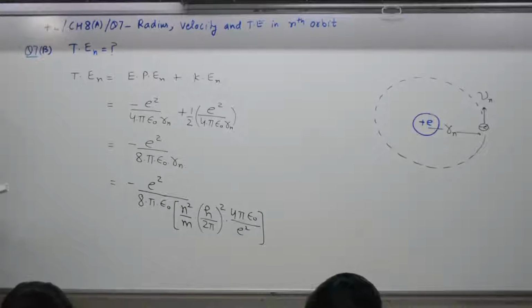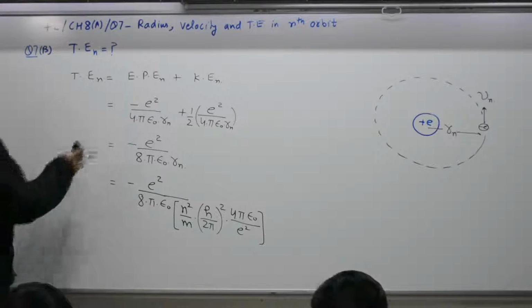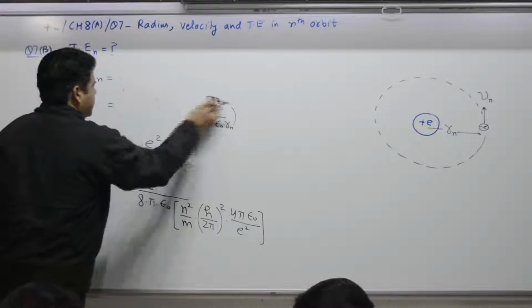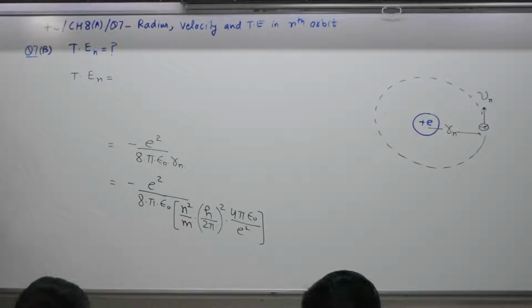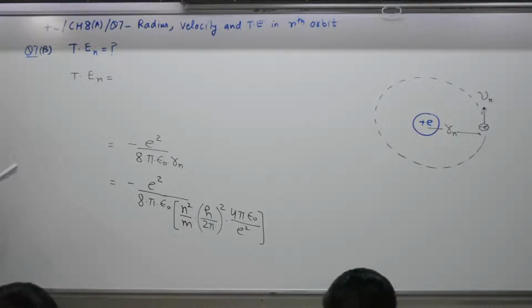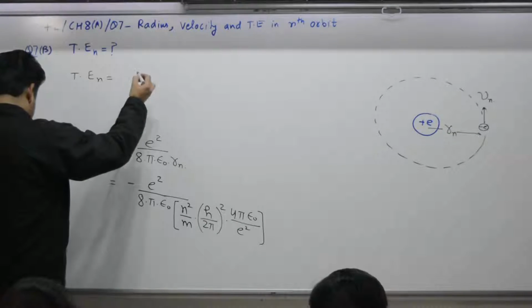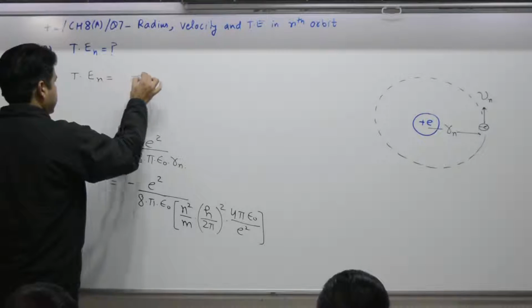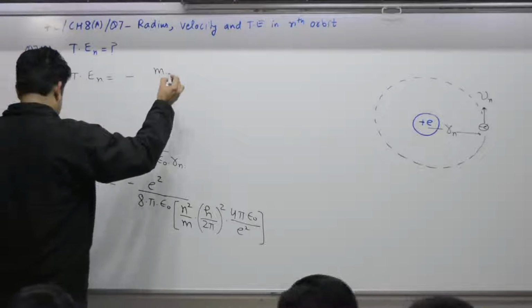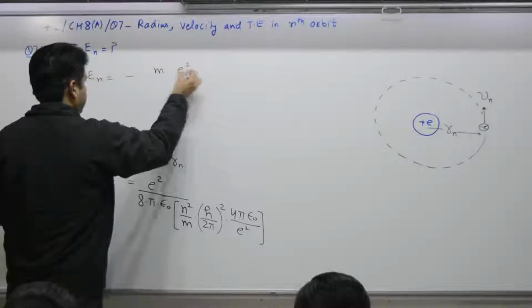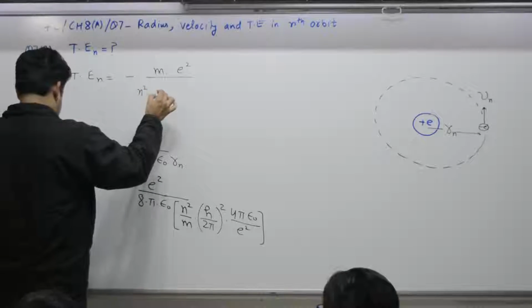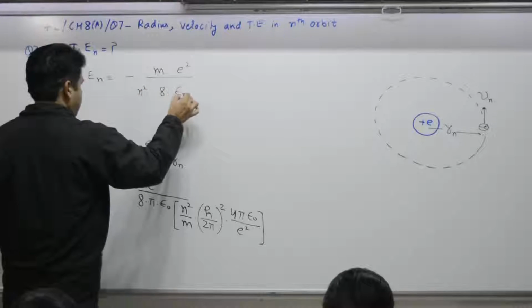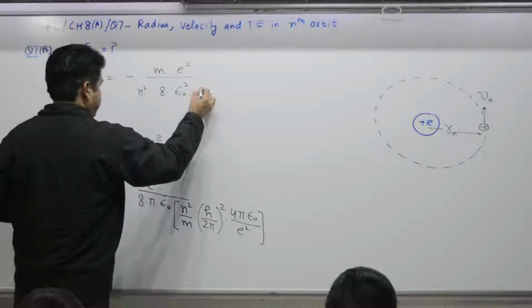Fine. So what you get is, just confirm, minus m e square by n square, 8 epsilon naught square h square. Confirm.